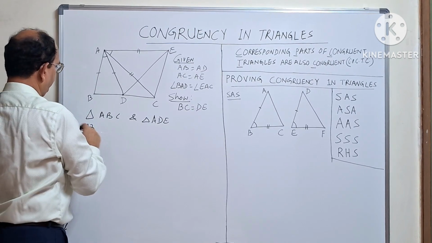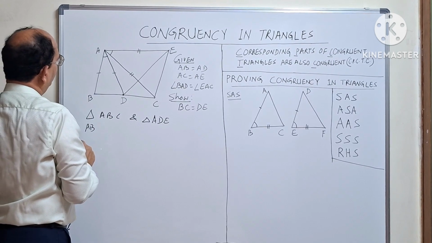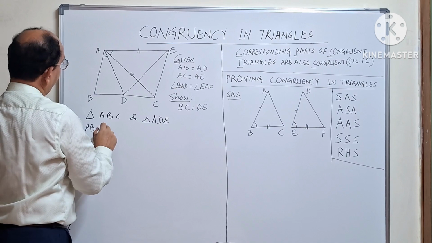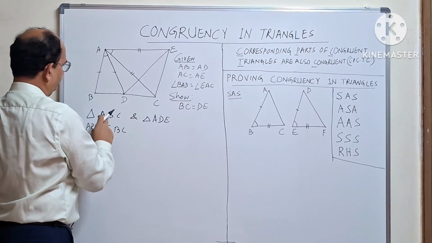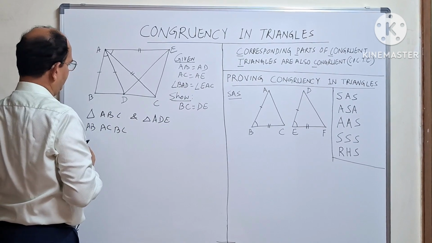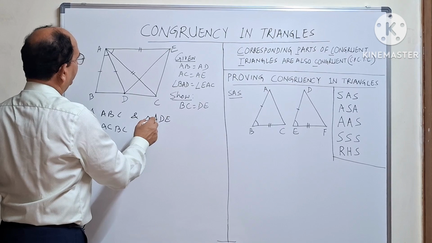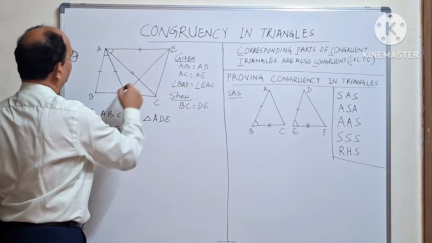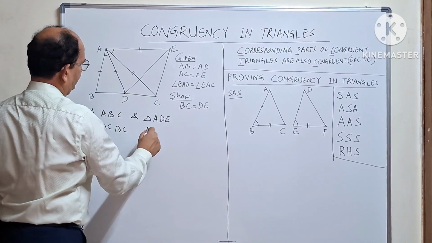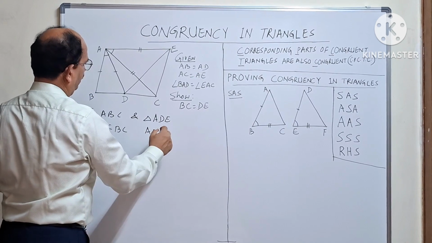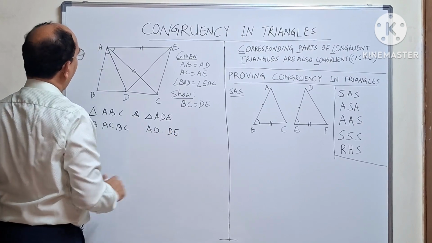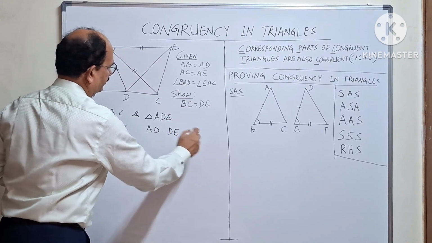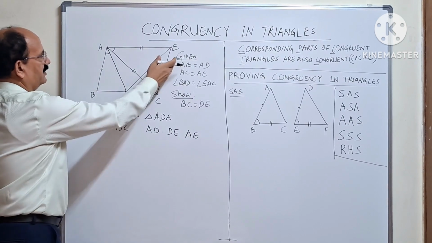AB is appearing, AC is appearing, and BC is appearing in triangle ABC. In triangle ADE, AD is appearing, DE is appearing, and AE is appearing.